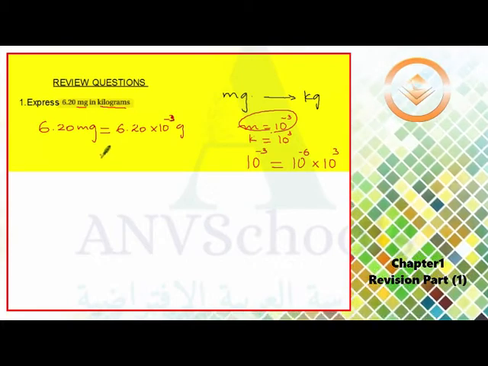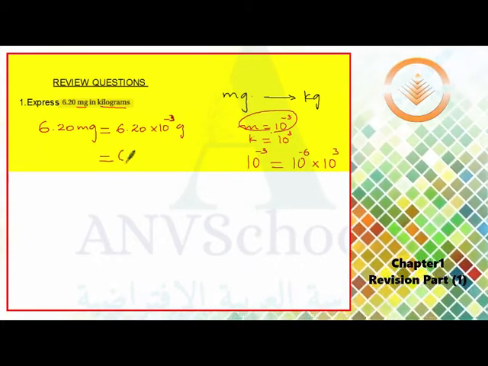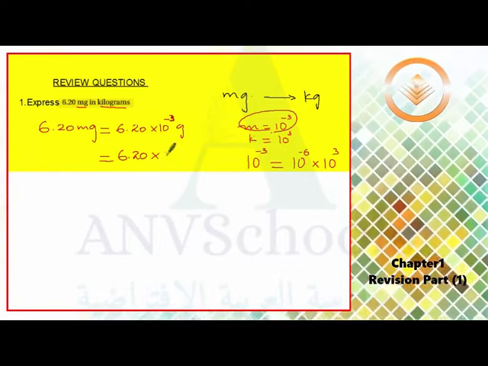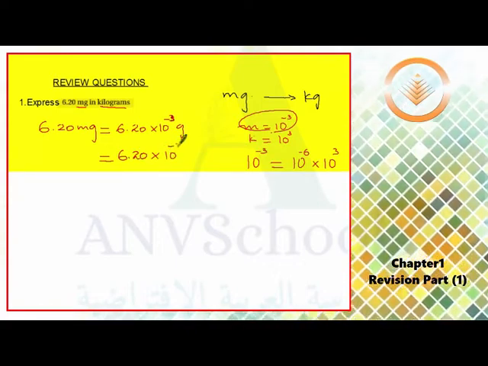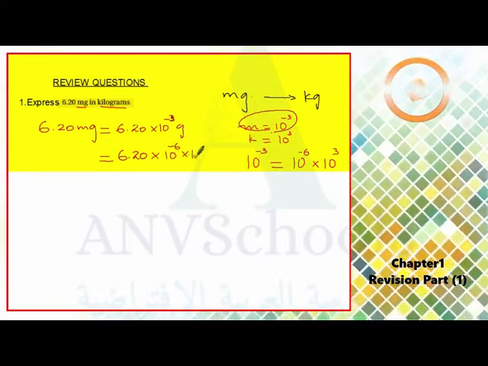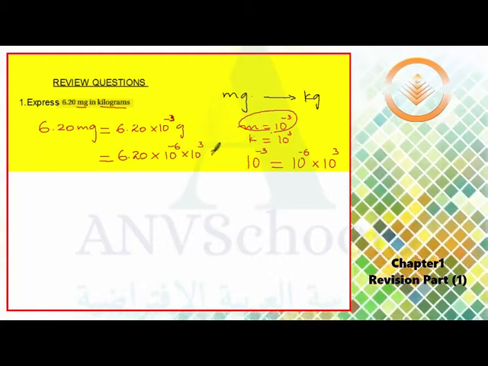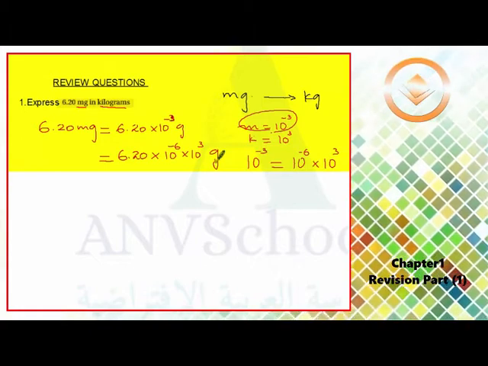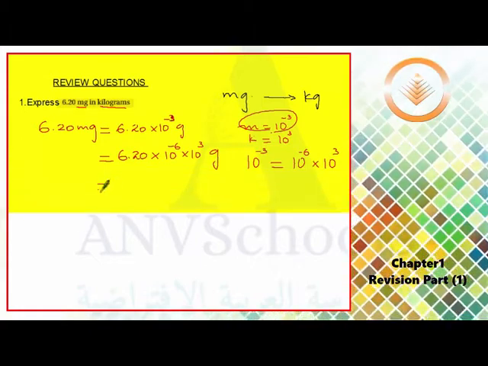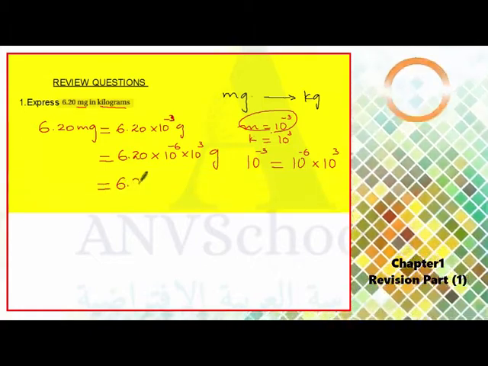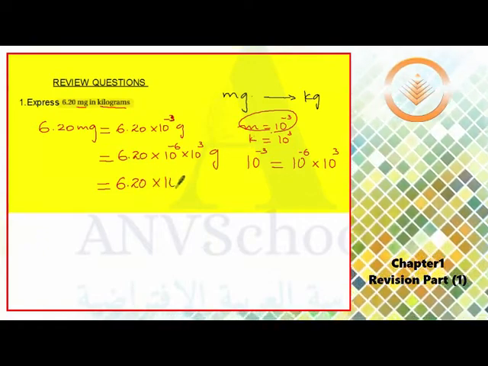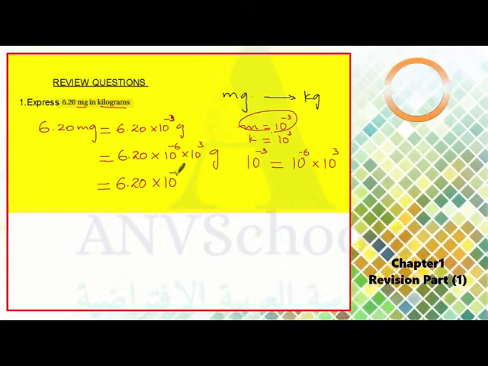So this is equivalent to 6.20 multiplied by 10 to the power of -6 multiplied by 10 to the power of 3 gram. And this is the same as 6.20 multiplied by 10 to the power of -6.